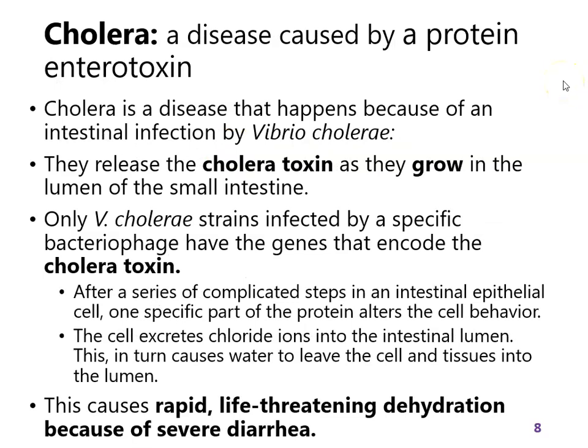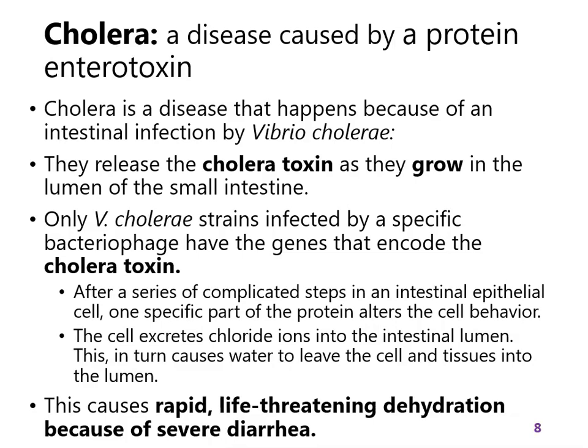A much more severe diarrhea is cholera, and cholera is a disease caused by an intestinal infection by these bacteria, Vibrio cholerae. They mostly die in the stomach, but if you drink enough of them, some of them get through, and in the intestine they grow and release a protein toxin called the cholera toxin. What that toxin does is kind of similar to what the diarrheal toxin from Bacillus cereus did.